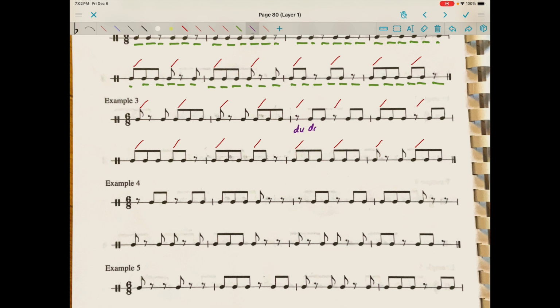So we have a do-da-dee, do-da-dee, and we're going to cross out our do, underline our da and our dee, cross out our do. We'll plan on whispering, mouthing, or just internally accounting for that first syllable, underlining da and dee.